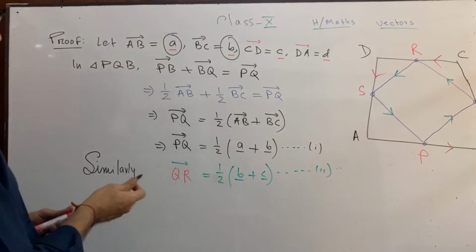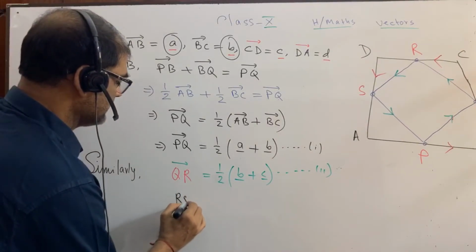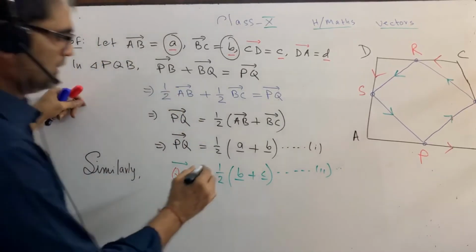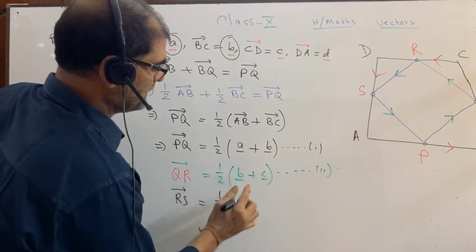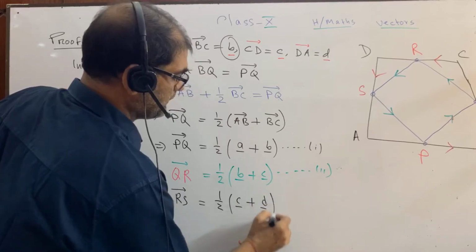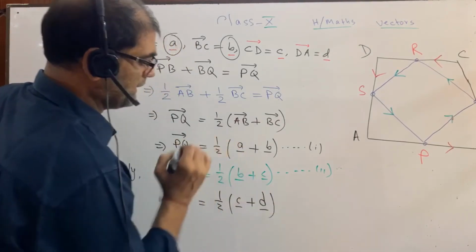So we can write here RS is equal to half of AB, BC, then it is C, C plus D. It is D.